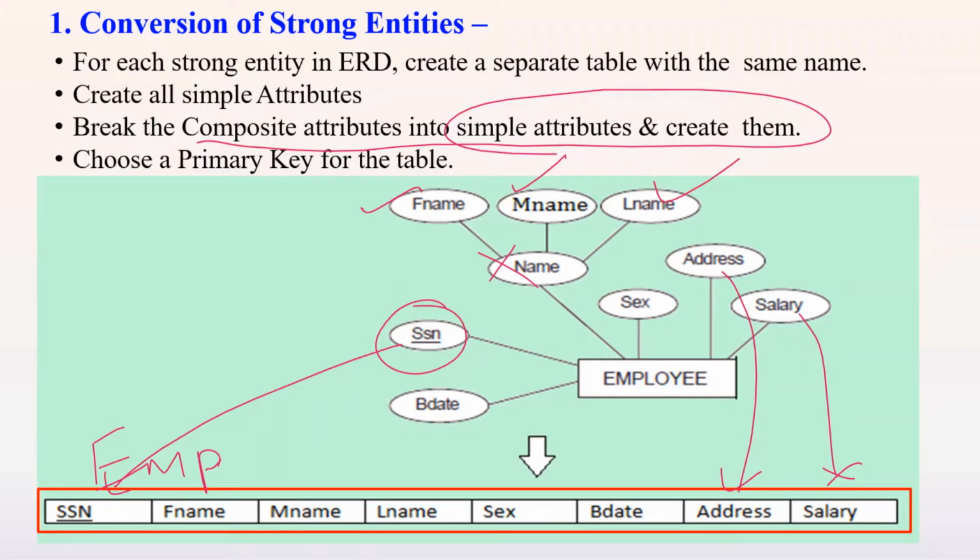We are not storing name. Whenever required, we can merge these 3 fields for a complete name, but in the database we store them separately. So we create one entry for first name, one for middle name and one for last name. So composite attributes are converted to their further subfields.